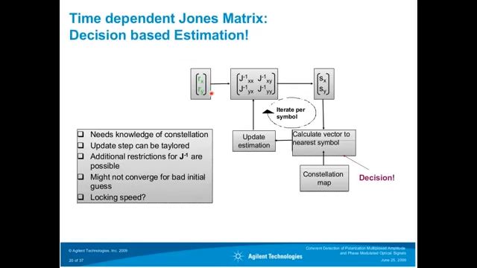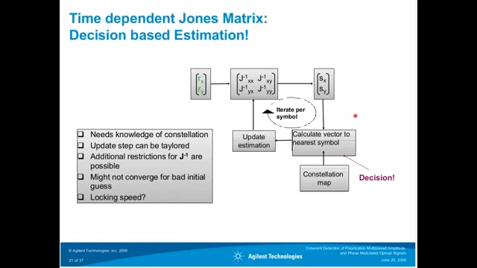So again, we look at the received signal. There's the inverse of the Jones matrix. This would allow you to get back to the original signal coming out of the transmitter. What you can do then, if you have received these two signals on the polarizations, is calculate the vector of the received signals to the nearest symbol in your constellation map.